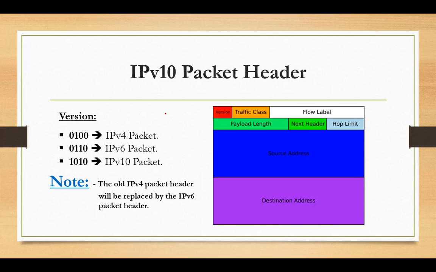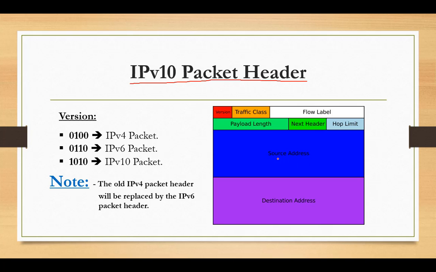It is required that all internet hosts are IPv10 hosts, and this can be accomplished by all technology companies developing operating systems to let the IPv4 packet be the same as the IPv6 packet, and this will be called the IPv10 packet header.